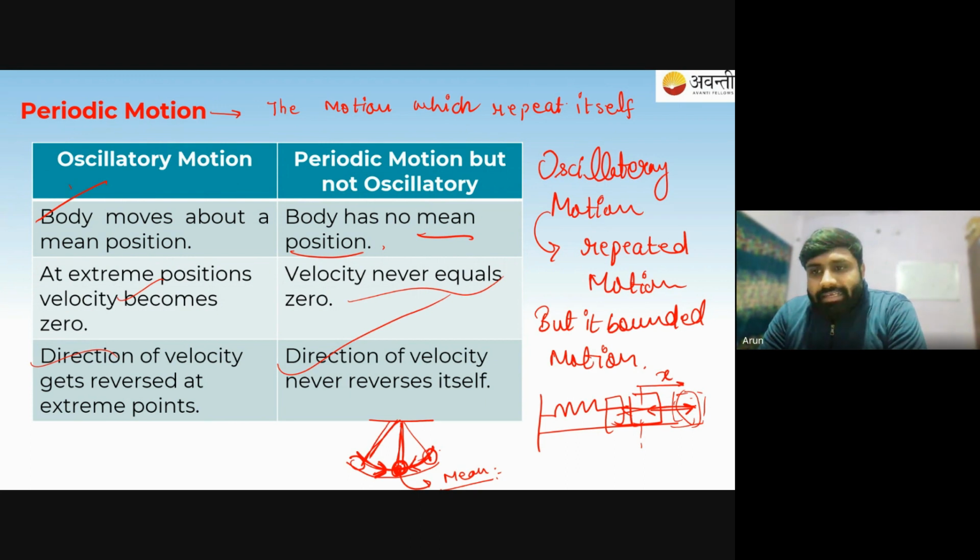So we can say that all oscillatory motion is periodic motion, but vice versa is not true. Which means all periodic motion is not oscillatory, but all oscillatory motion is periodic motion. Okay, this is the important statement.